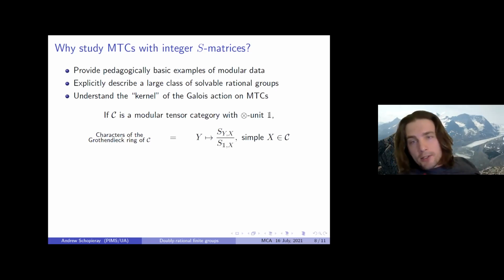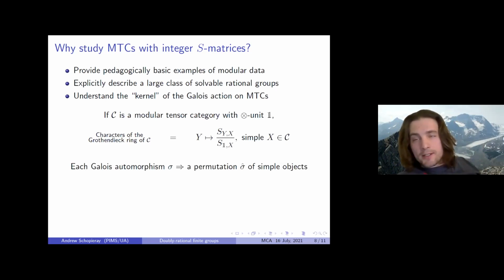You get a character by sending an object to the Bernoulli eigenvalue given by this quotient. So that's why this S matrix is not quite a character table, because there's this slight scaling involved.